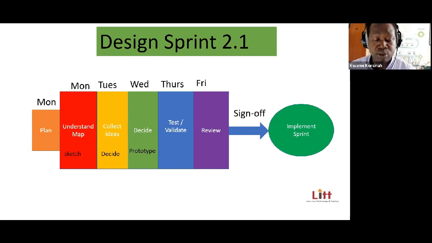Once we've created prototypes with the teams, we've tested it ourselves, we can now take it back to the user we've been trying to solve the problem for, and then test and validate. We will have multiple options, and the options that come up with the best results are those that we'll take forward for review, sign off, and then we can implement either in an agile environment or a waterfall environment.